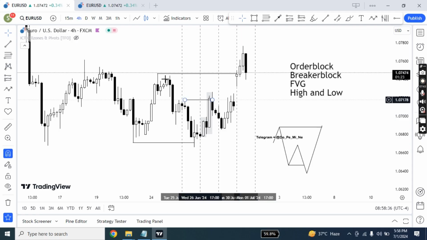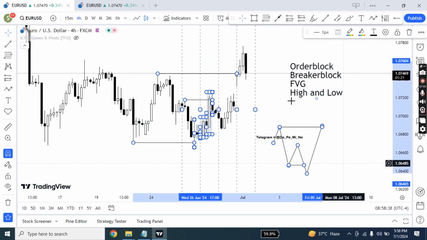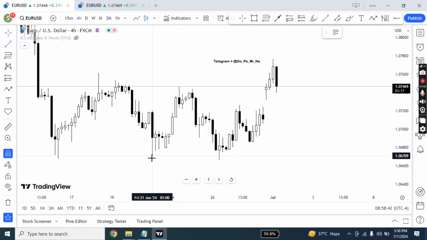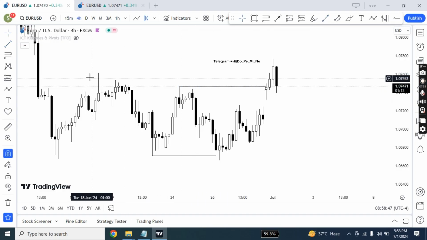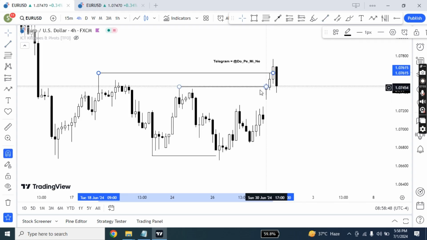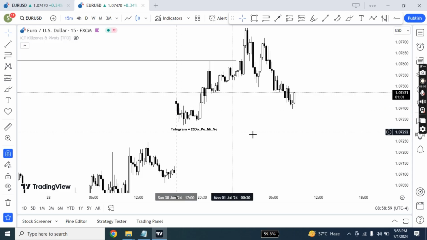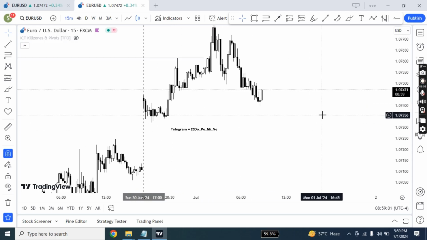Let's remove all of this right here. So we've got this range low, this range high, but also this range high as well, right? Now this is Monday right here, and price opened with this huge opening gap right here, and it opened after 17 Eastern time or 5 p.m. Eastern time, right?